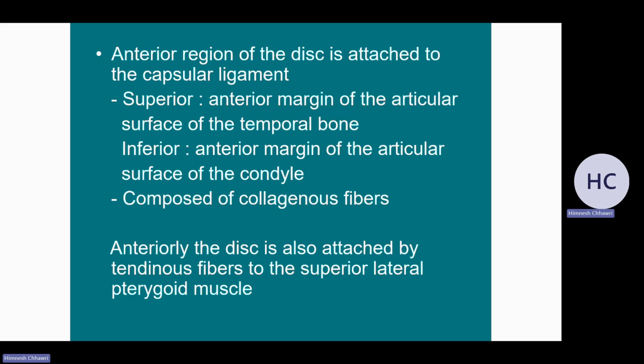So the superior part of the lateral pterygoid muscle inserts into the joint cavity of the TMJ. It is the only muscle of mastication which inserts inside the joint cavity, the superior part of the lateral pterygoid. The inferior part does not insert into the cavity, it is outside. It inserts into the articular capsule.